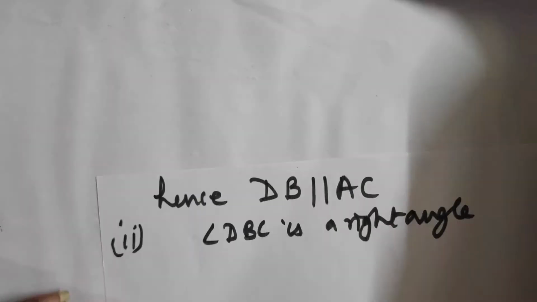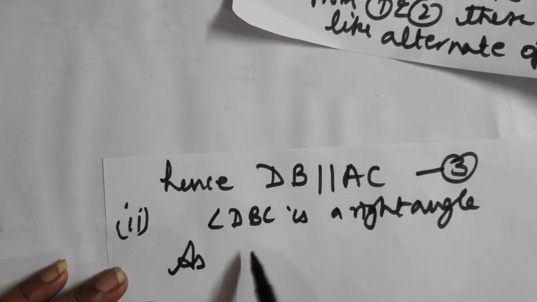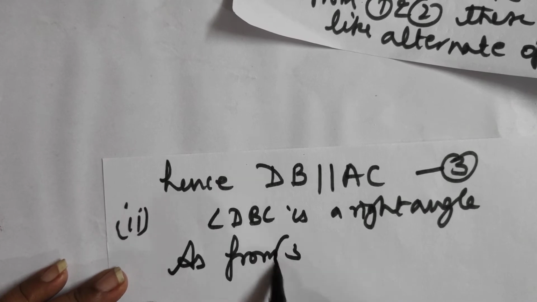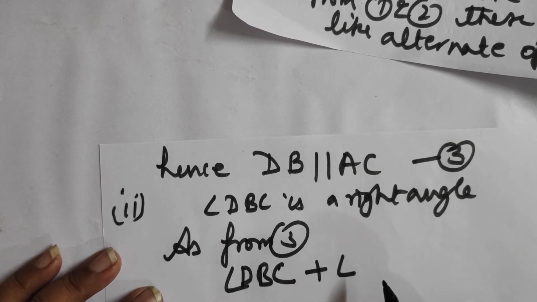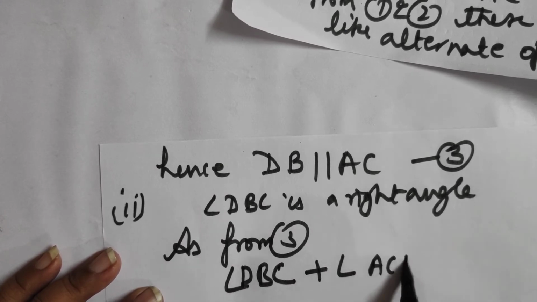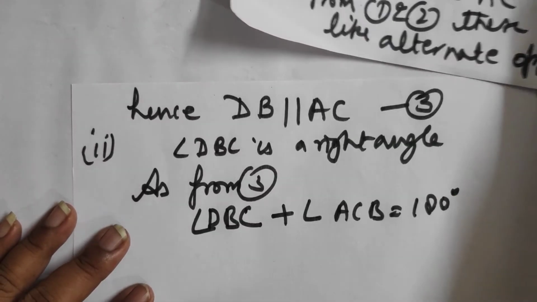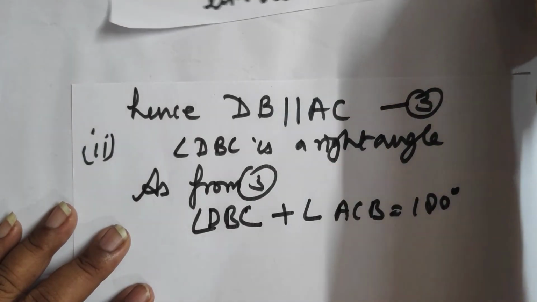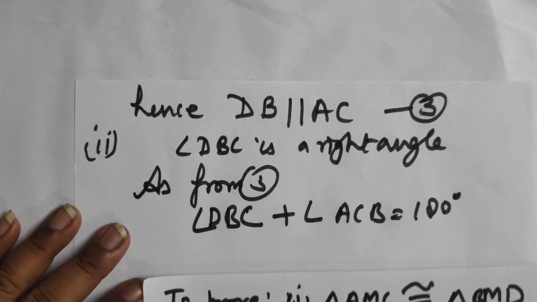So from 3, angle DBC plus angle ACB is equal to 180 degree, as co-interior angles are always supplementary to each other. Yes.